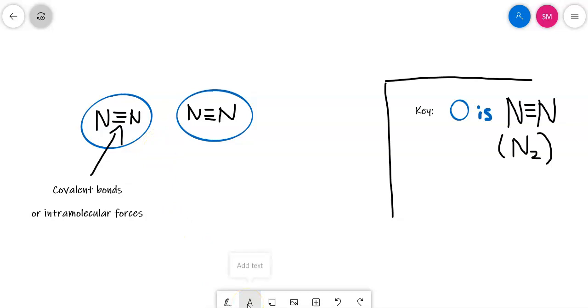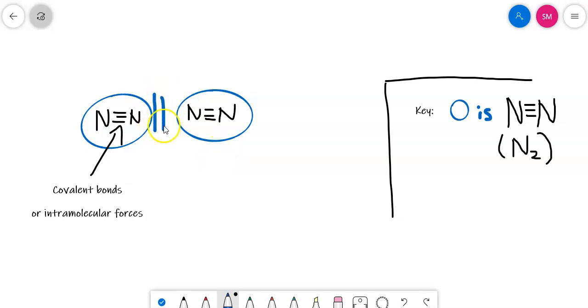What we also have, and what we haven't gone over in the past, is intermolecular forces. So we don't need to know why this happens, but we just need to know that they exist for molecules, and for molecules they are relatively weak. So here we've got intermolecular forces.